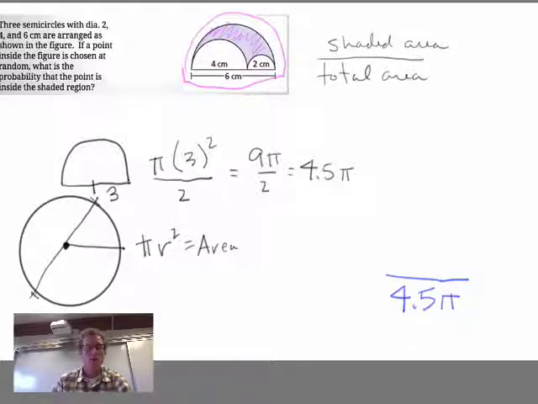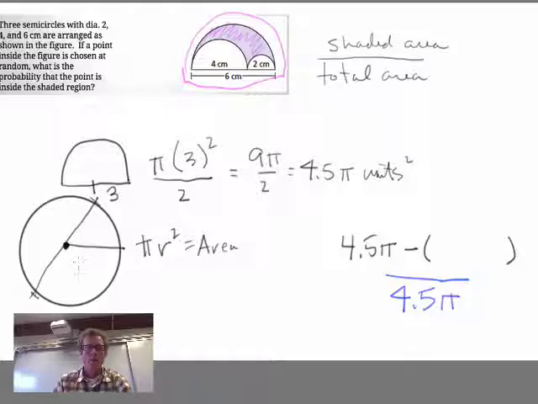Okay, now what we need to do is start subtracting stuff, because I want to figure out, once I chomp away at this larger one and then also at this smaller semicircle, what's the shaded area. So I know I'm going to start off with 4.5 pi, in units squared, and then I'm going to subtract the other 2 areas.